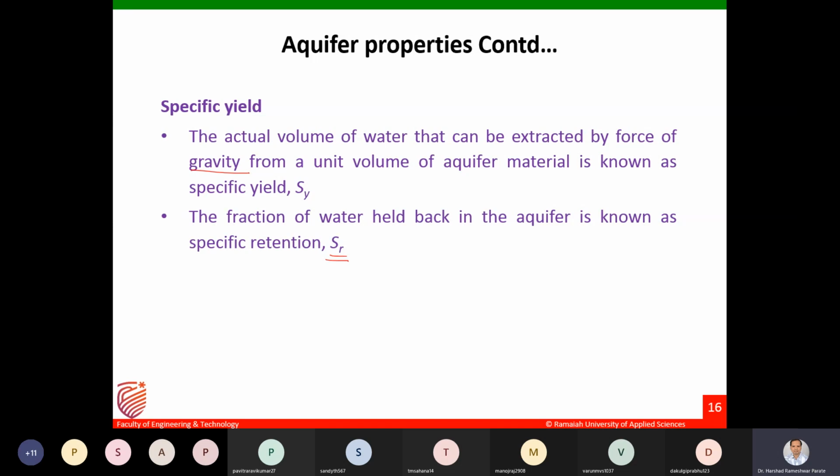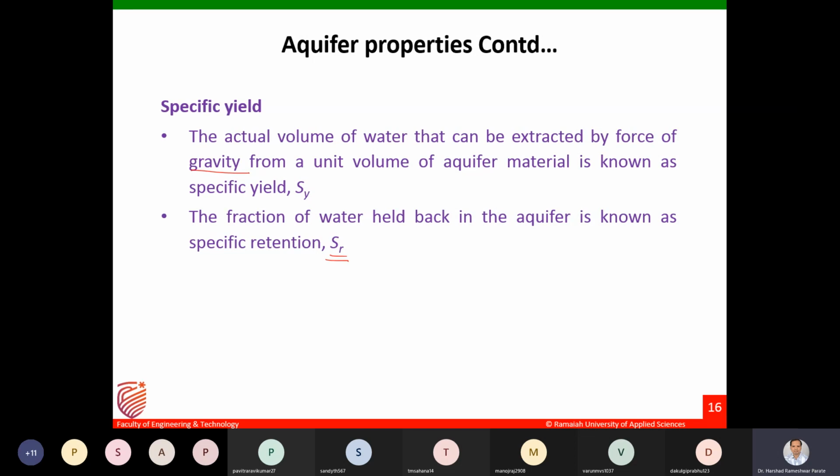The same way your aquifer also behaves. If the aquifer is completely saturated, and you just imagine taking a piece of that soil material and holding it, the water that can flow out due to gravity is nothing but your specific yield.